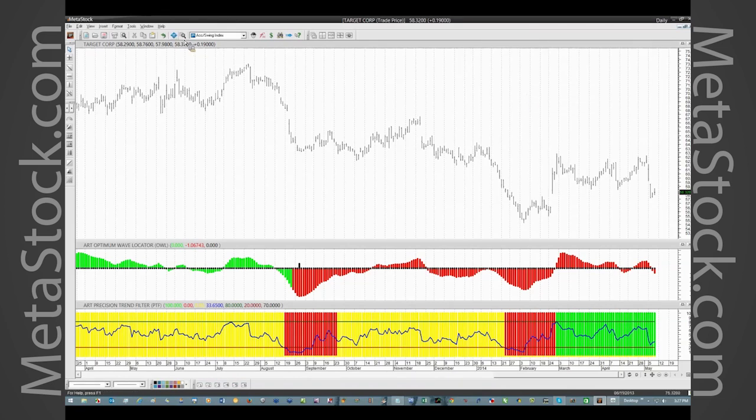So if we get our data window out and take a look at this price bar that formed on February 28th here, it had a high of 62.88, and we're sitting at 58.32. So there's a 75% probability that we are going to go higher than that high.